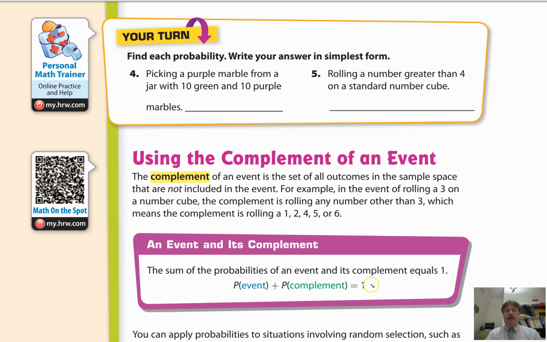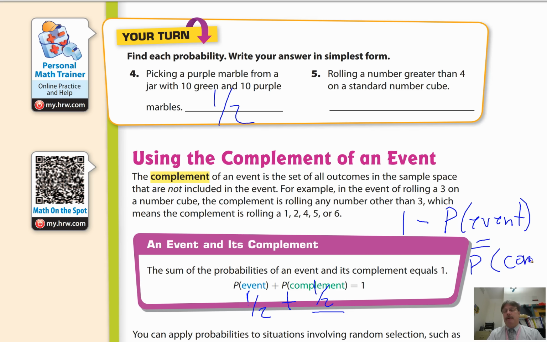So like this event right here, that was 1/2. Basically, 1/2 plus what equals 1? Well, the complement would be 1/2 also. Or you can take 1 minus the probability of an event, and that will equal the probability of the complement.